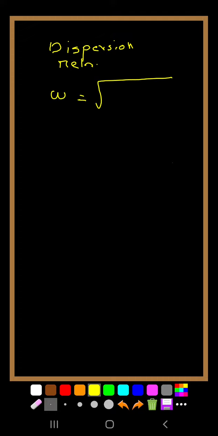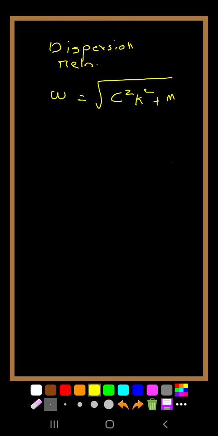In the next problem, it has been given that the dispersion relation of a certain wave is given as omega square is equal to c square k square plus m.